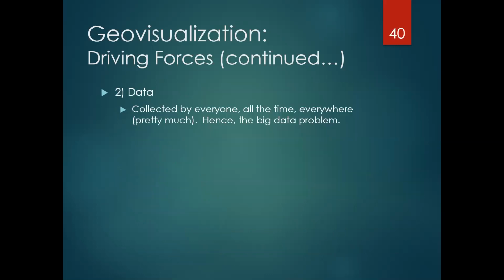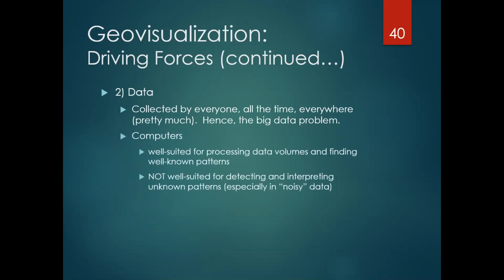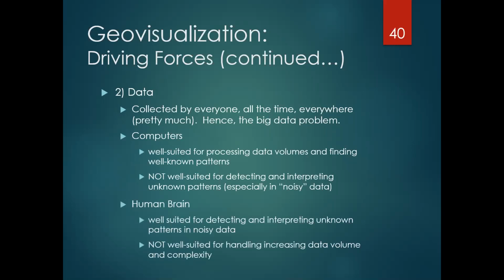And secondly, data collected by everyone today, right? All the time, everywhere, hence the big data problem. So data used to be a problem, because in the past, the way of collecting data was limited to field work.